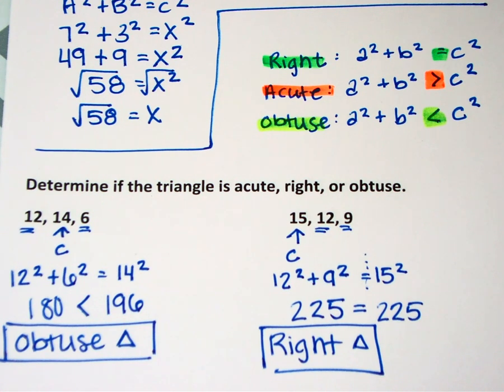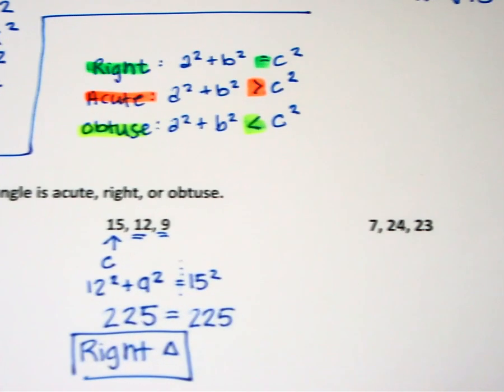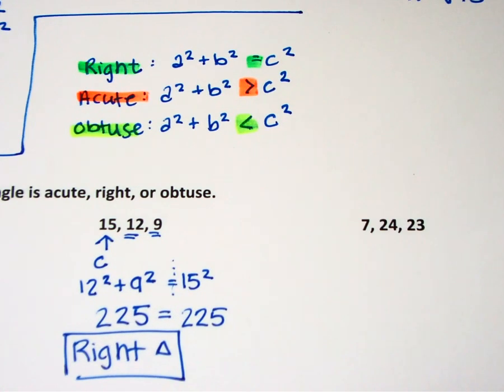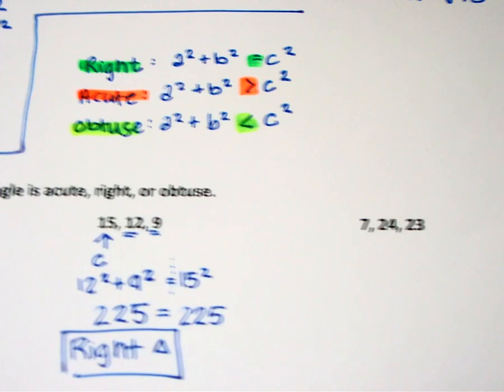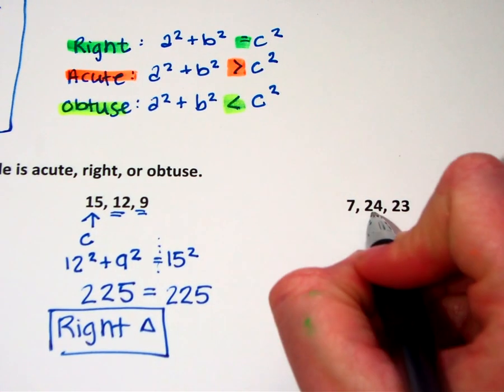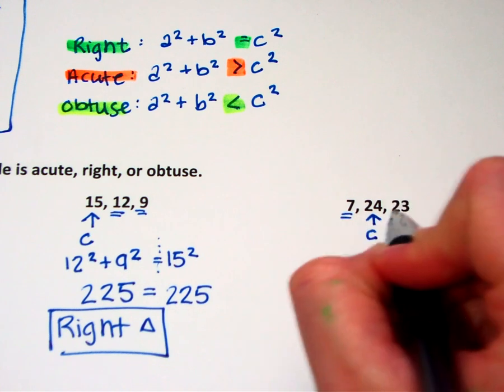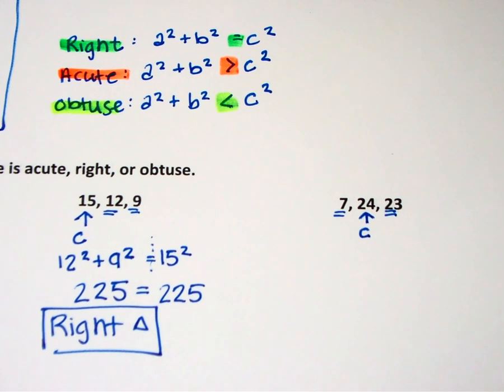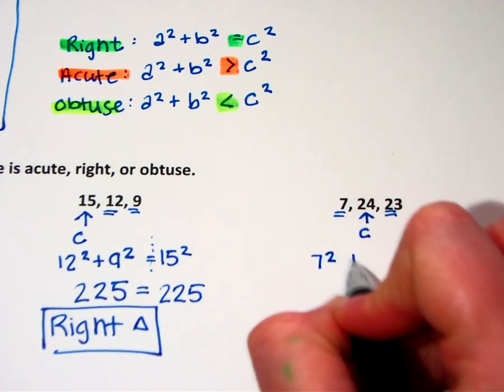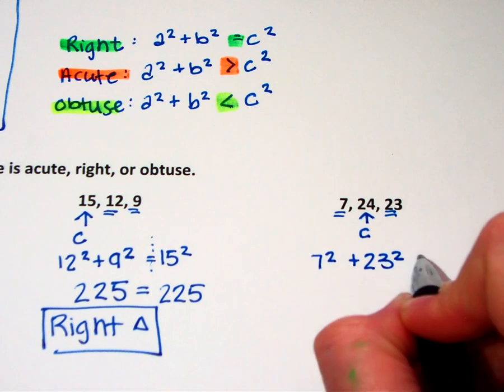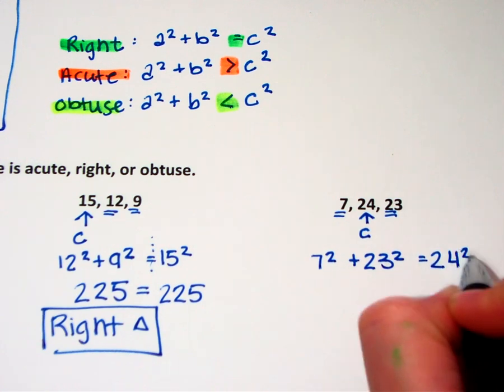The very last problem that we're going to do here, let's slide on over. We have side lengths of 7, 24, and 23. In this problem, let's identify the hypotenuse. The largest number is 24, so that's our C value, leaving us with 7 and 23 to be A and B. 7 squared plus 23 squared equals 24 squared.